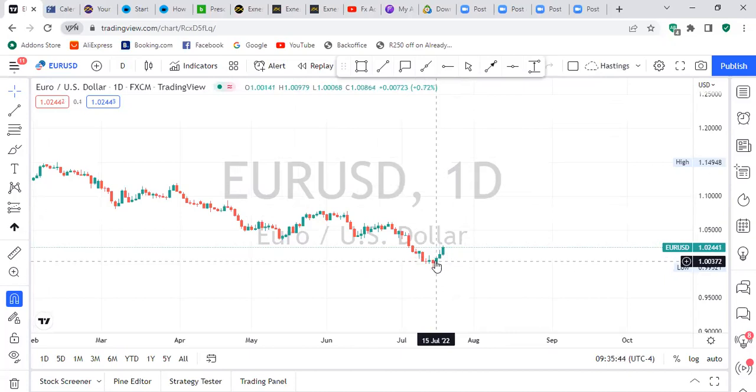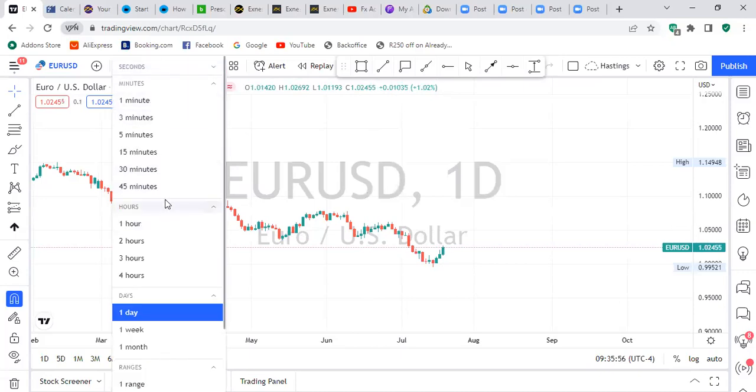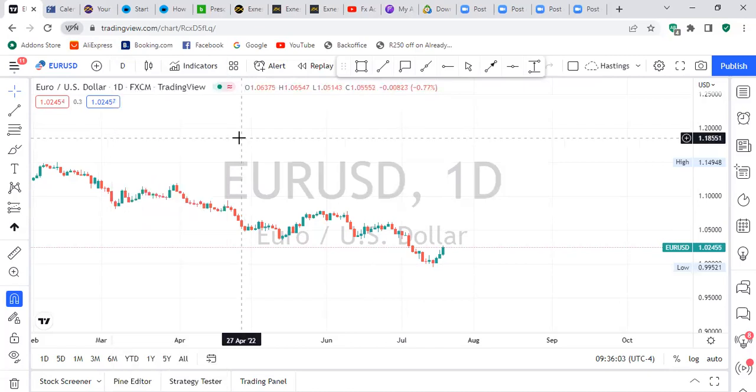Why? 15 July was on a Friday. Saturday, Sunday, markets are closed. And then you come to Monday, 18 July, and today, 19 July, and so forth. So this is where you change all your time frames here, right? Perfect.